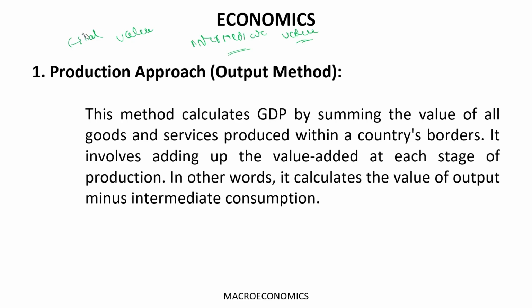Suppose there is wheat. Wheat is transported from the farmer to a miller. The wheat's production cost is 100 rupees, plus 50 rupees is the profit of the farmer, which he puts on this price.